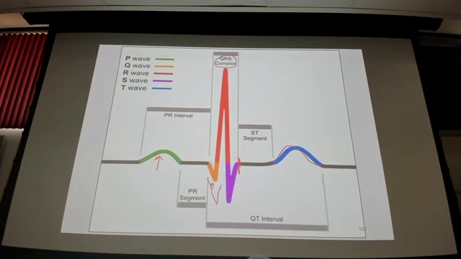Sometimes, depending on the person, you might not even see much of a negative deflection at all for the QRS complex. So, just to put this in your brains for future reference, if you see one that's a little bit too deep, this patient may have an old myocardial infarction, all right? You'd be surprised how many people out there are walking around with a little minor silent MI they don't even know about.